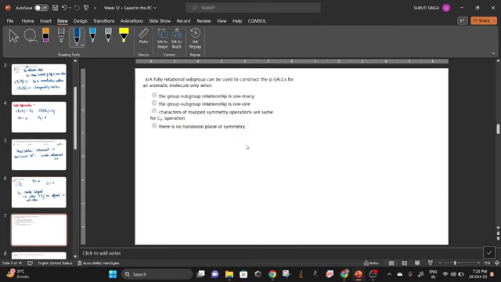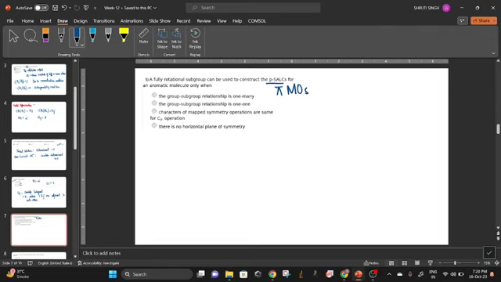Now question 5 is about whether a rotational subgroup can be used to construct the SALCs for the pi MOs of an aromatic molecule, and only when.